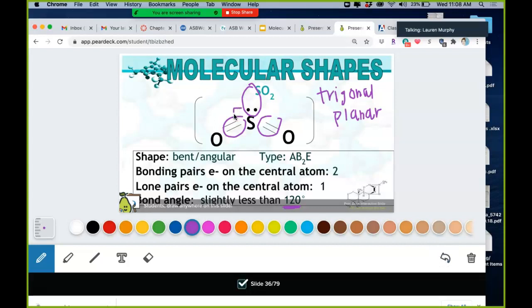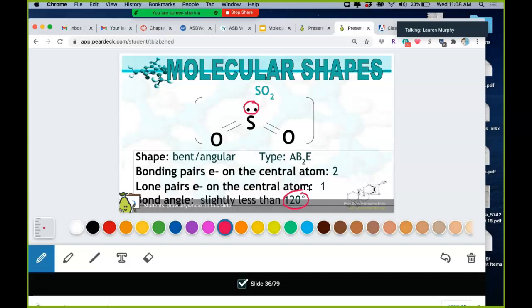They cause slightly more repulsion of the bonded pairs. So the bond angle in trigonal planar is 120. In this version of bent, it's slightly less than 120 simply because this is a lone pair and not a bonded pair. And how did we figure that out? That was determined by the concept of electron geometry.